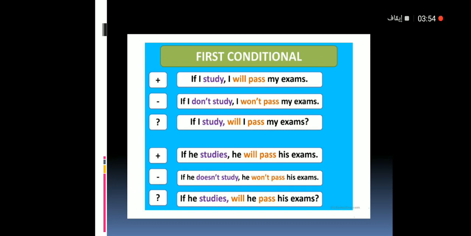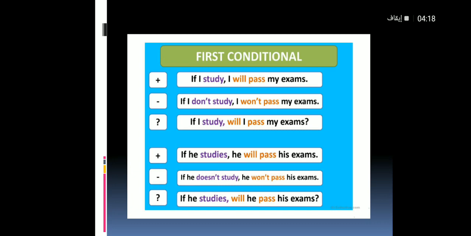If he studies, he will pass his exam. Here, we have a singular subject, so we added es to the verb in the if clause. If we want to make it negative because the subject is singular, we add doesn't. And because we added doesn't, the do family verb doesn't accept any addition to the following verb.